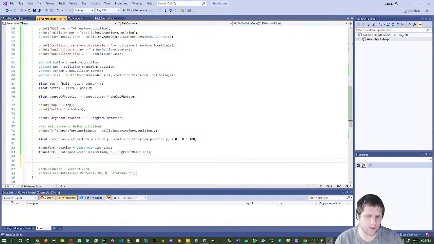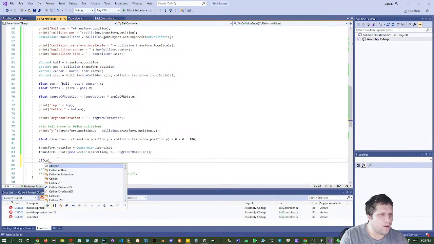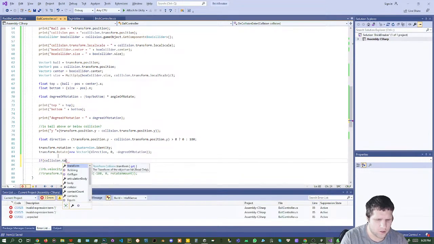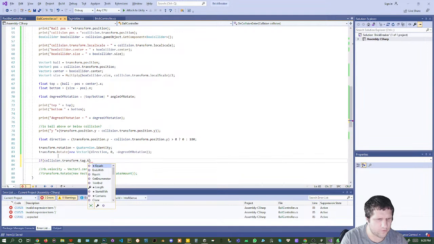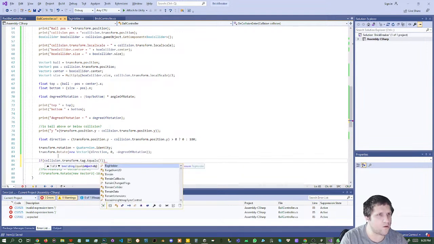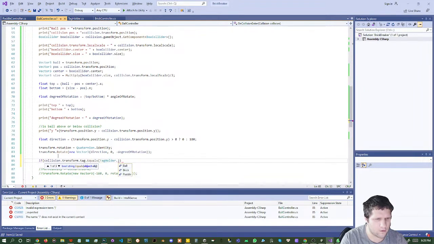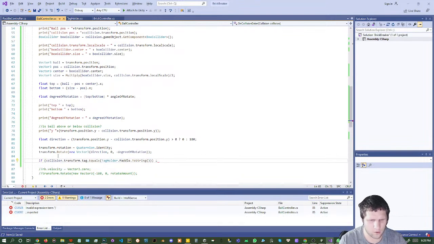And then when we get here, I will say if collision dot transform dot tag equals our tag holder dot paddle dot toString. Oh, then let's do a debug dot break.